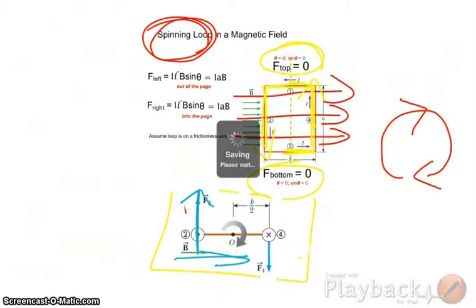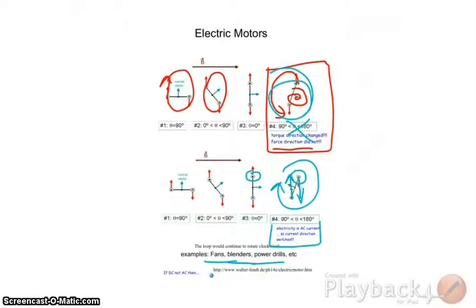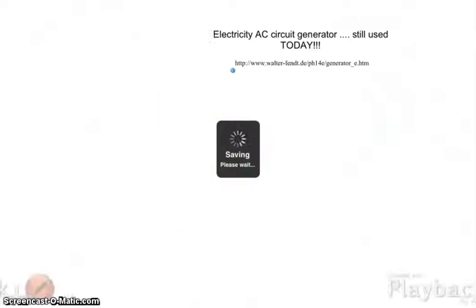So something like this one right here. Right? Magnetic field, the normal makes an angle of 30. Okay, so theta should be 30.